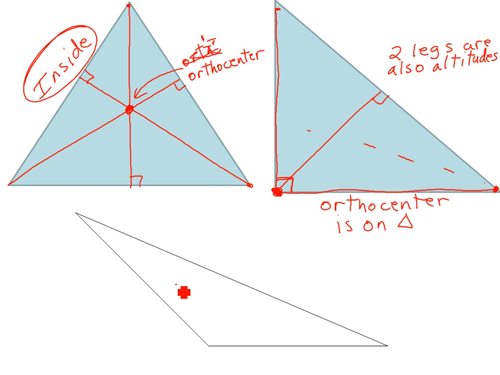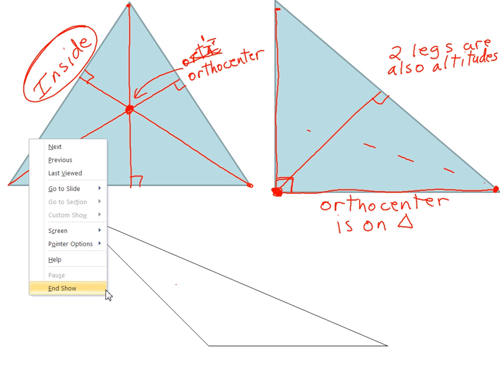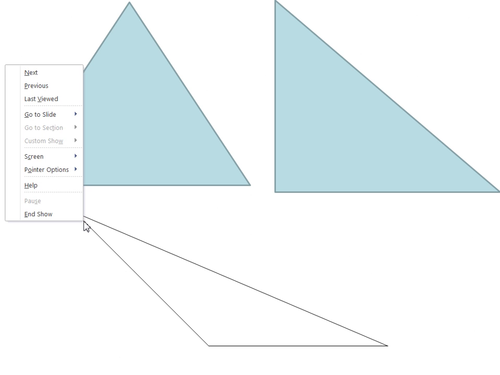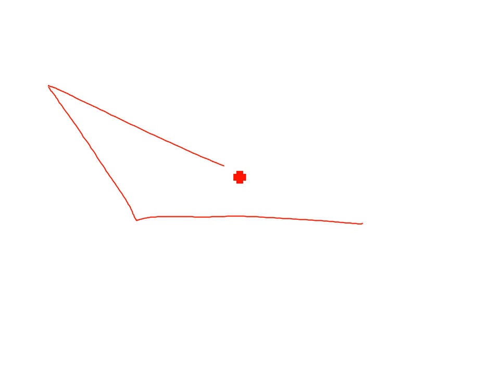Now for an obtuse triangle, if I draw the same triangle here, because I'm trying to make stuff fit in that won't fit.